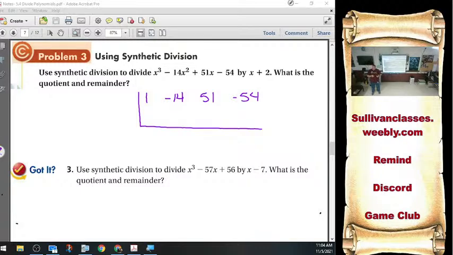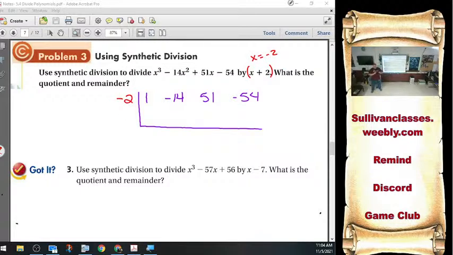I'm subtracting it because I'm looking for the zero of the factor, which is always the opposite sign. So take the zero of this factor, -2, instead.